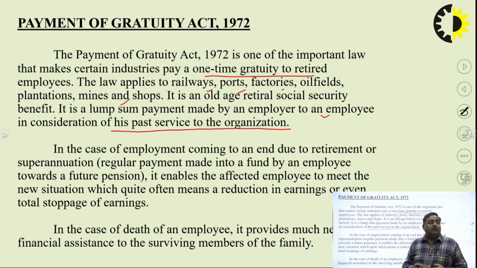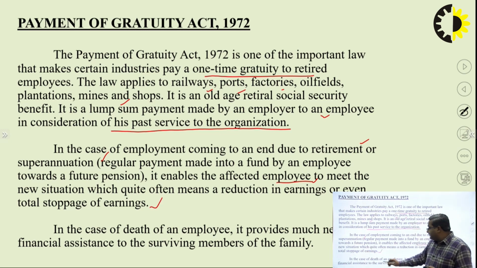In the case of employment coming to an end due to retirement or superannuation, it enables the affected employee to meet the new situation, which quite often means a reduction in earning or even total stoppage of earnings.